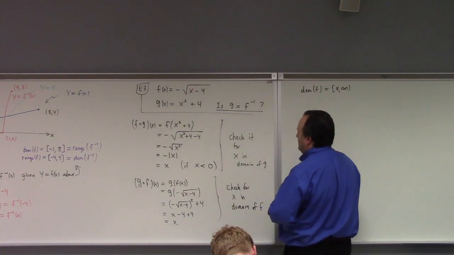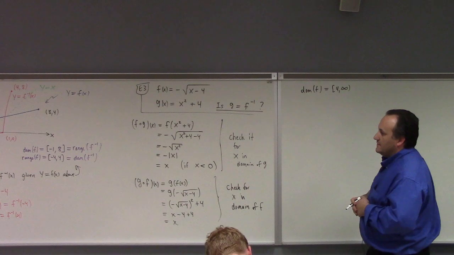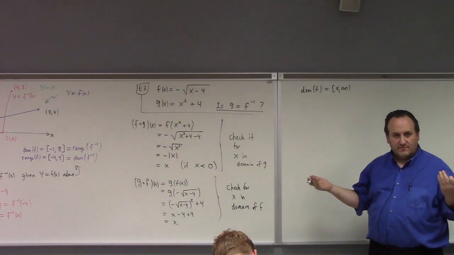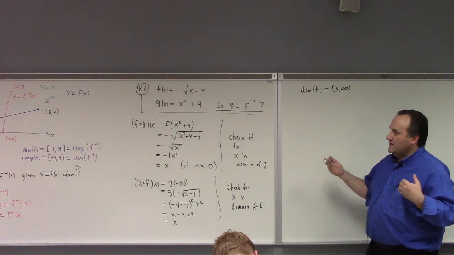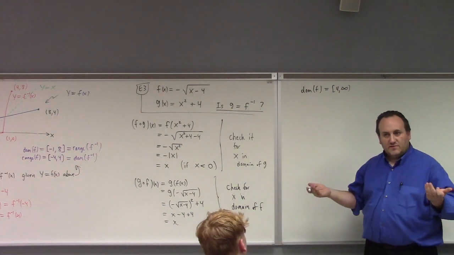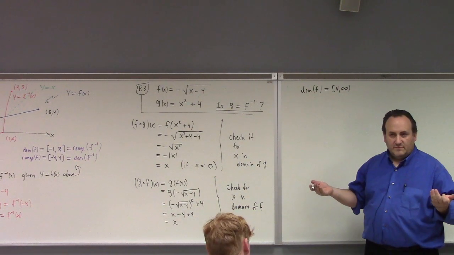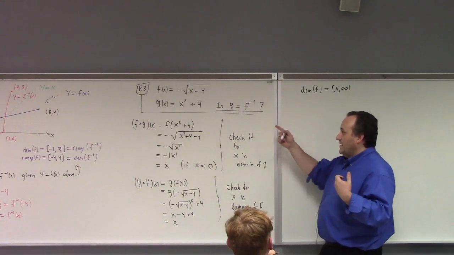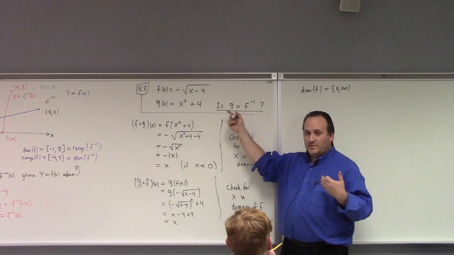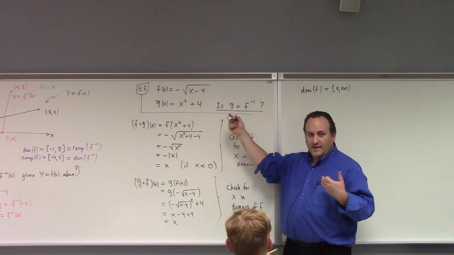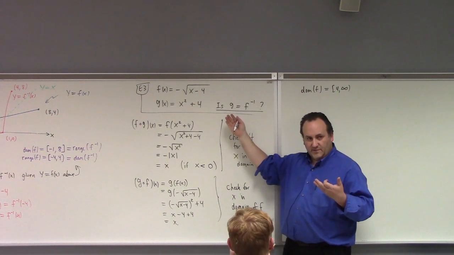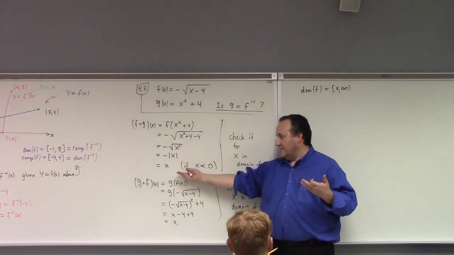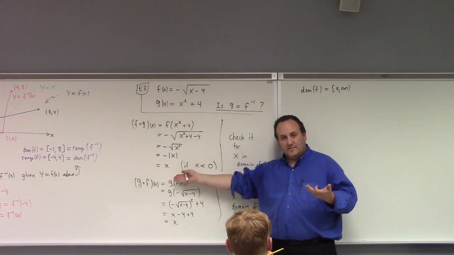All right. What's the domain of g? Well, I didn't tell you, right? So this question, as it's stated, is a little bit ambiguous. If I told you that the domain of g was all real numbers, then the answer is no, it's not the inverse, because then I wouldn't be able to get that f composed with g is just x again.